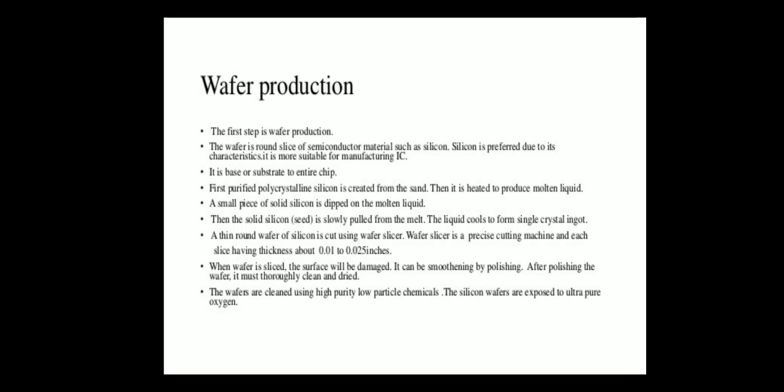A single small crystal rod of silicon called a seed crystal is used for this process. Next, during the crystal pulling process, the seed crystal and crucible are rotated in opposite directions in order to produce an ingot, which has a circular orientation.